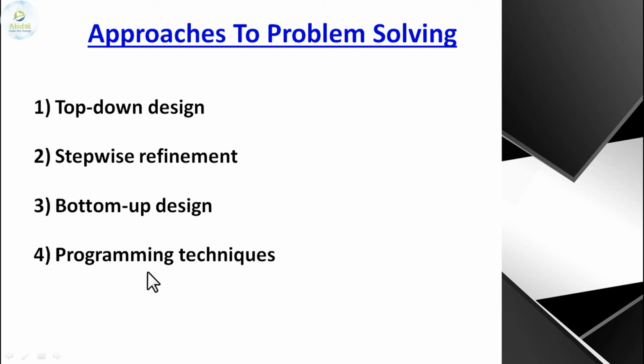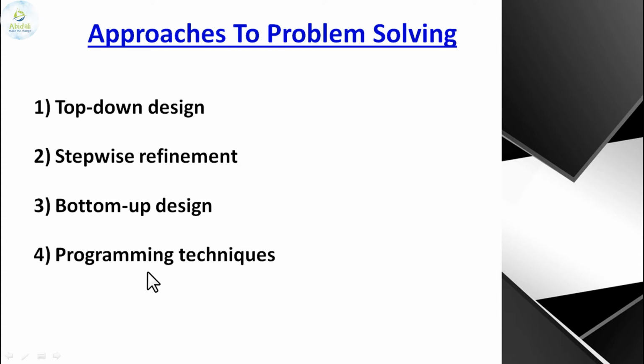The next thing that we are going to talk about is approaches to problem solving. Now we are into the solution to the problem after the algorithm and flowcharts have been developed. How do we put that algorithm and flowchart into a proper approach so that the problem is designed with a minimum number of mistakes?